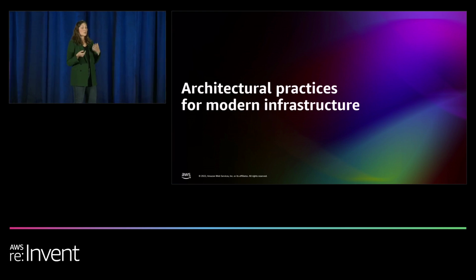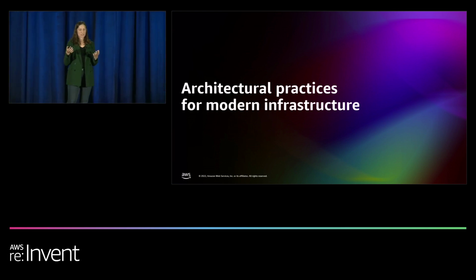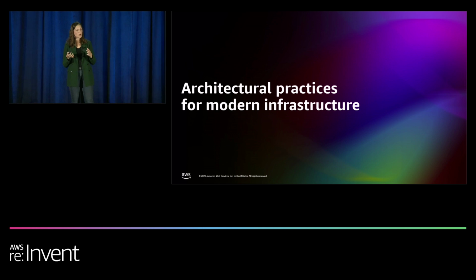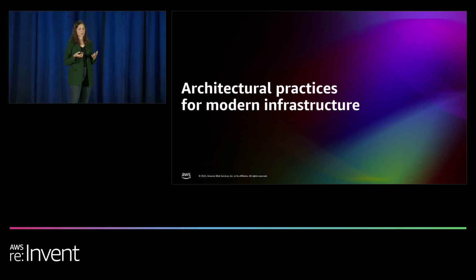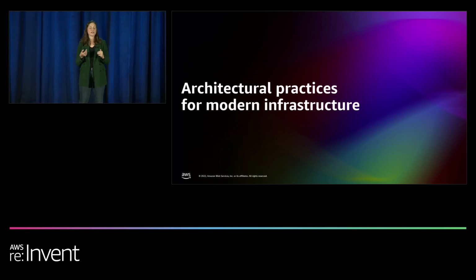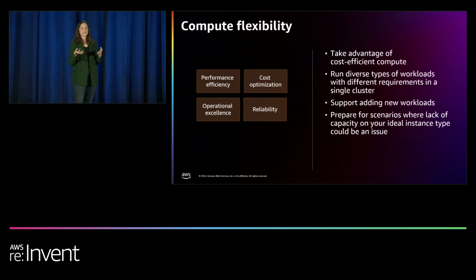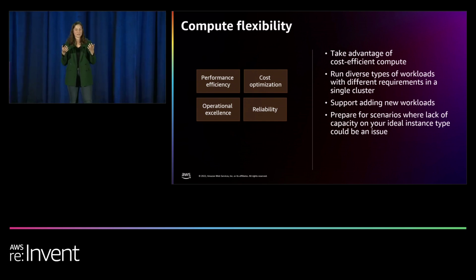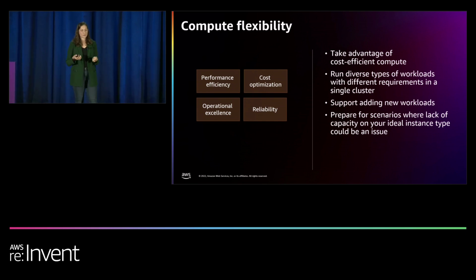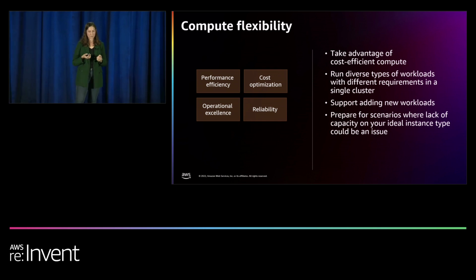So after we went through all the different compute options and provisioning tools, I want to go now over a few practices that we recommend every customer to use when they create their compute environments on AWS. The first one is compute flexibility. And like I said, taking advantage of all the capacity types that you have on EC2.